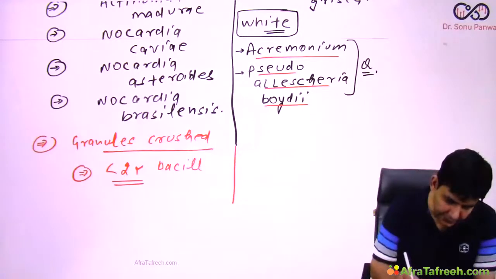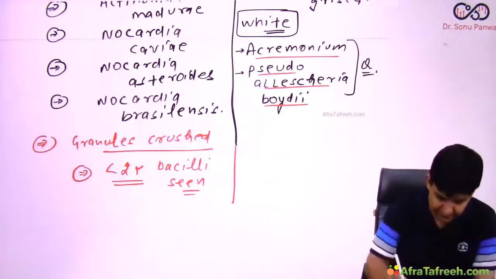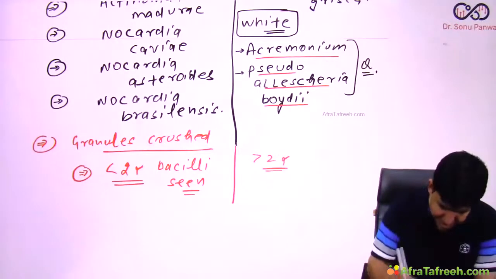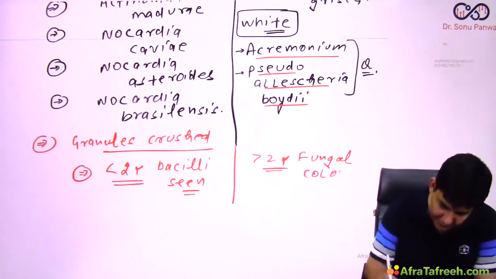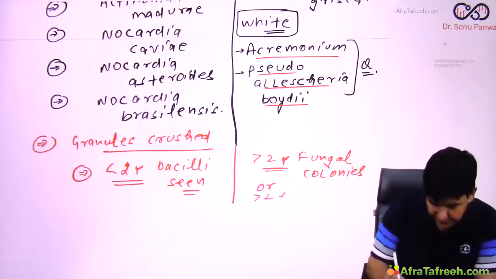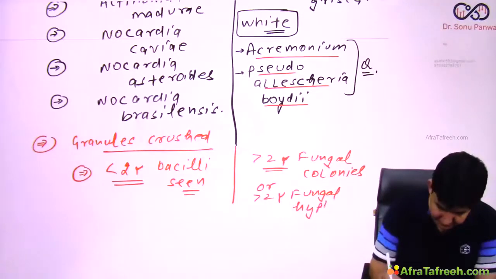So less than 2 micron bacilli are seen on this side, and on this side you will find more than 2 micron fungal colonies or more than 2 micron fungal hyphae.